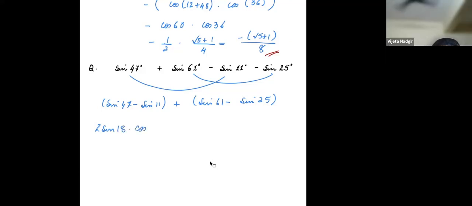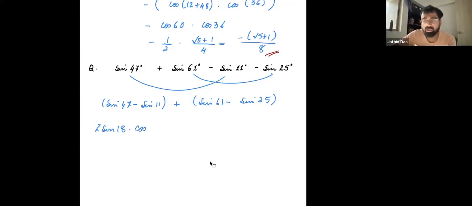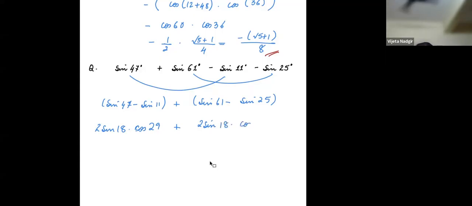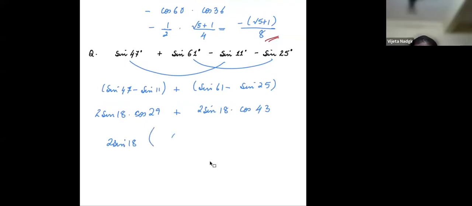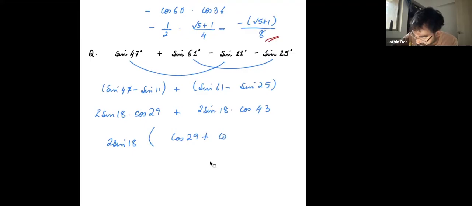Cos, sum 58 by 2 gives... Here 2 cos, 2 sin only will come. 2 sin, difference 36, so 18. Cos, 86 by 2, 43. Okay. Now what can you take common? 2 sin 18 we'll take common. So what will come inside? Cos 29 plus cos 43.